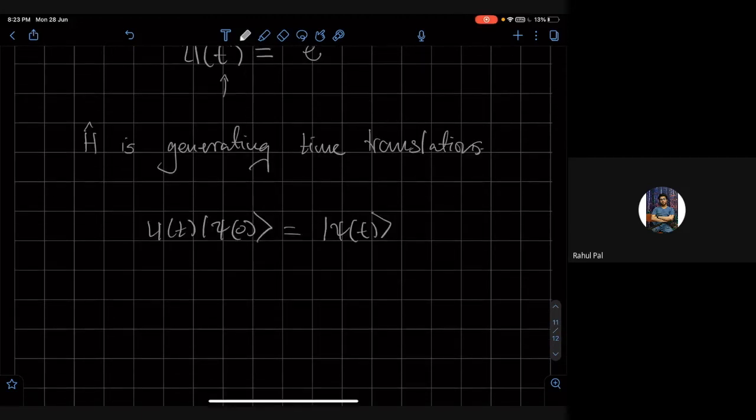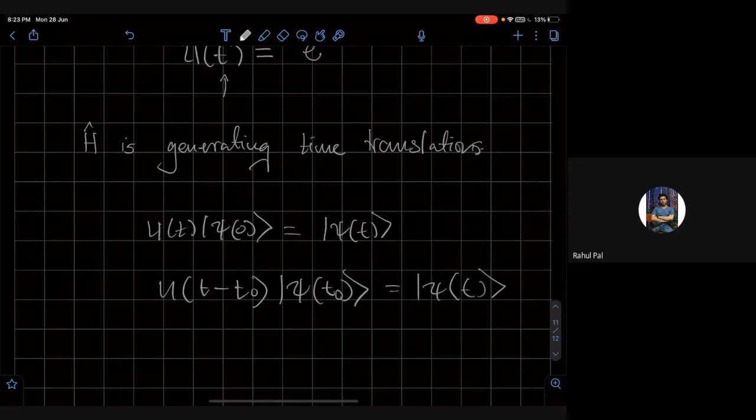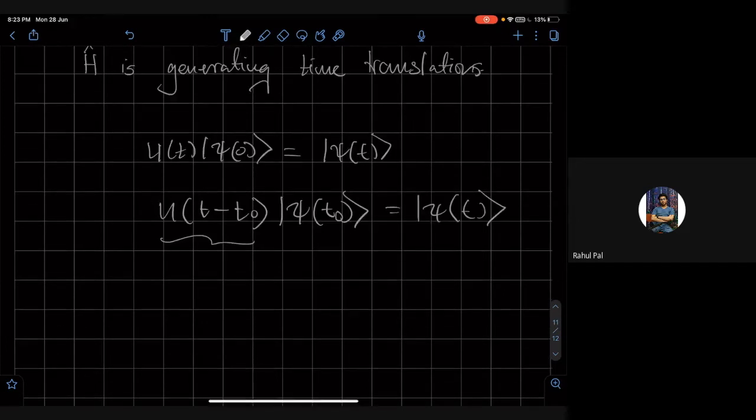Or if I am more general, U with argument t minus t0, applied on the state psi at time t0, gives me the state at time t. So in this case, the time evolution operator is e to the power minus i by h bar, big H, times t minus t0.